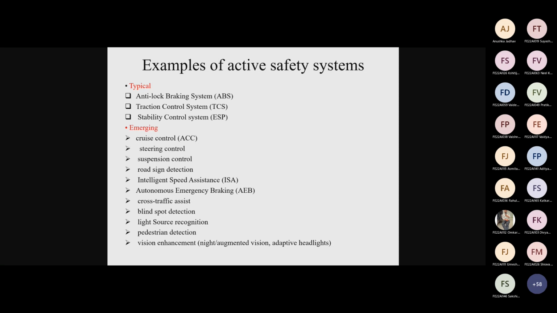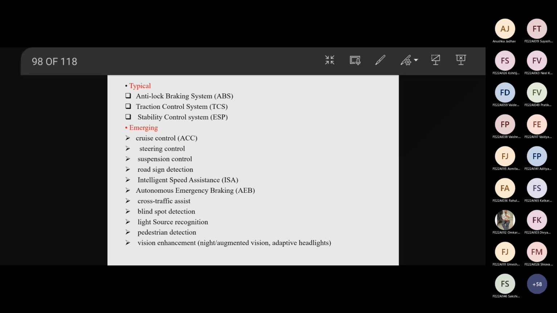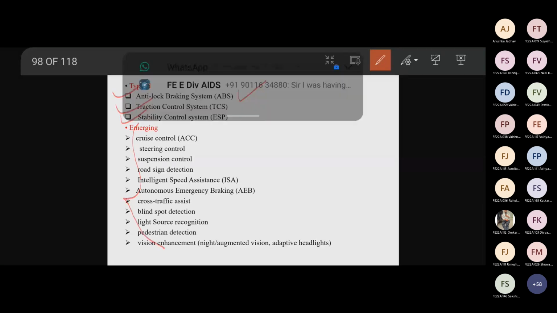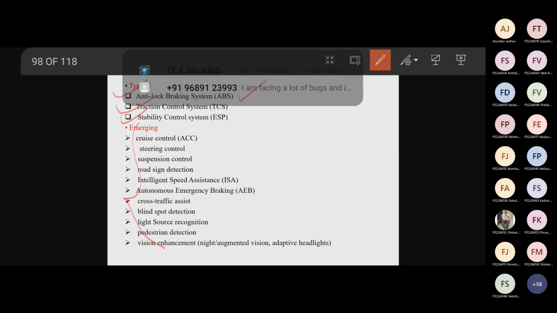Okay sir. Now you can see here the types of active safety system: anti-lock braking system, traction control system, and stability control system. Out of that, the anti-lock braking system is important from the syllabus point of view, that we will see. And new active safety systems are there: cruise control, steering control, suspension control, road sign detection, intelligent speed assistance, autonomous emergency braking, cross traffic assistant, blind spot detection, light source recognition, pedestrian detection, vision enhancement, night augmented vision, adaptive headlights.